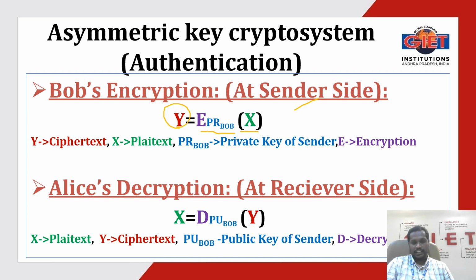This is done at the sender side, and this ciphertext is sent over a secure channel and delivered to the receiver, who is Alice, and Alice uses Bob's public key. Here the input is the ciphertext, and the key is the public key of Bob. Using decryption, you get back the plain text. So this is the mathematical representation under an asymmetric key crypto system where the security service is authentication.